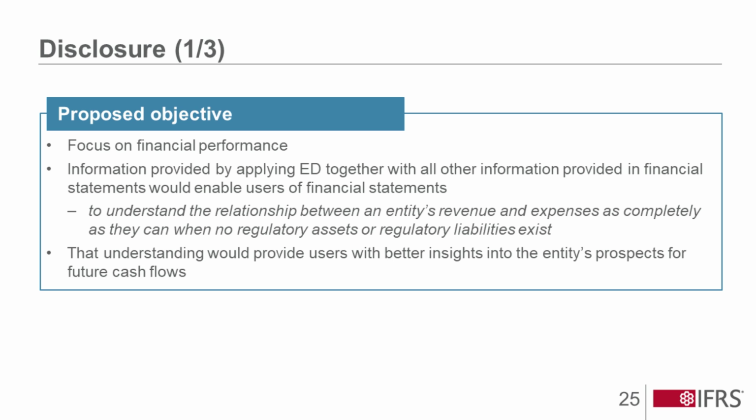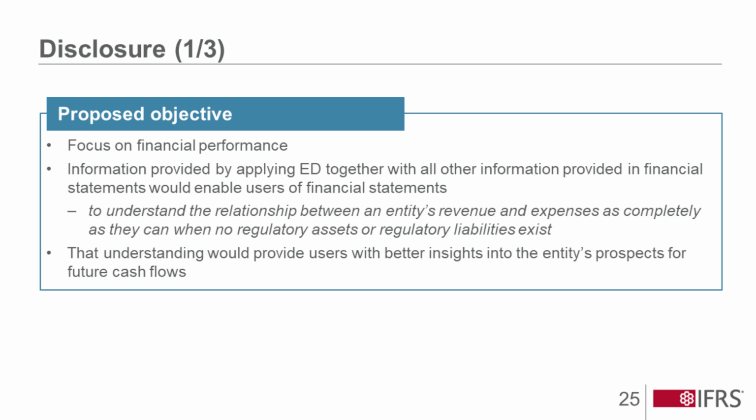Thank you, Tadeu. So turning to the disclosure proposals, the overall disclosure objective proposed by the board is aligned with the objective of the exposure draft, and it focuses on providing more useful information about financial performance.